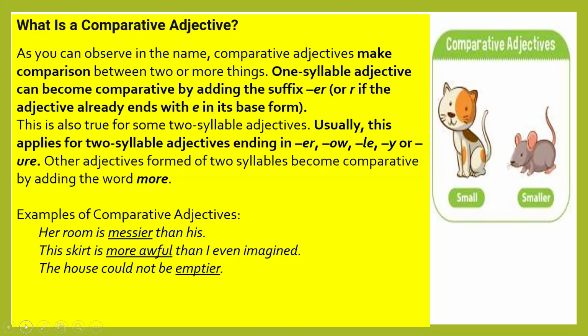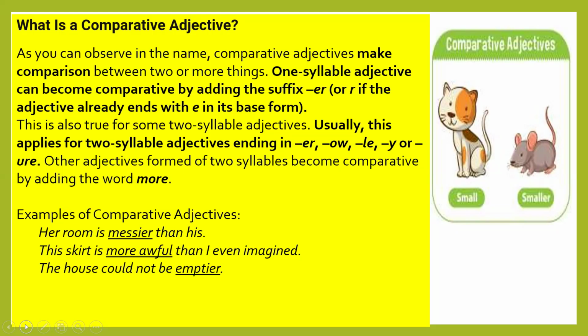Example of a comparative adjective: her room is messier than his, more dirty than his. Messier means very dirty. Messier is a two-syllable adjective. Now, the skirt is more awful than I have imagined.